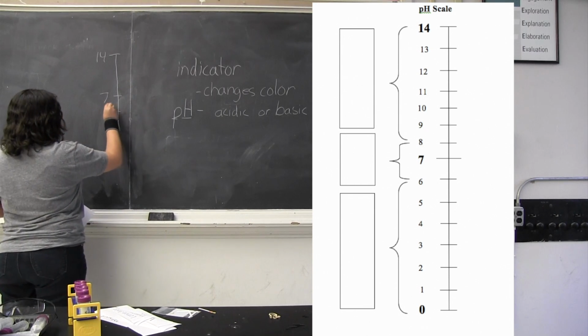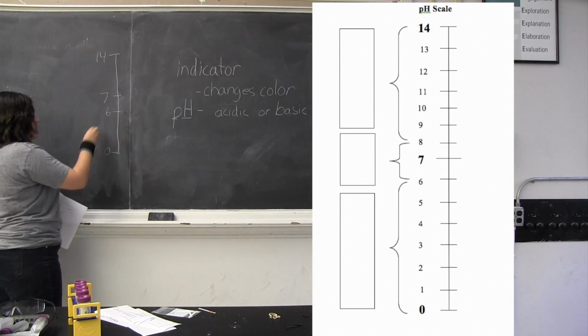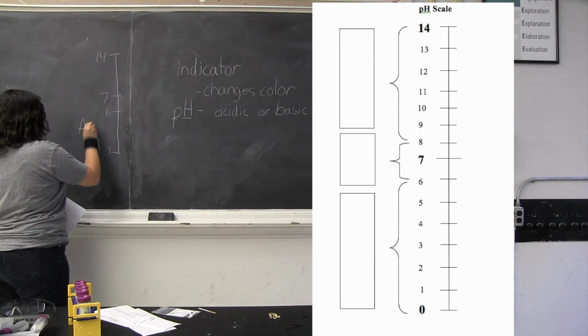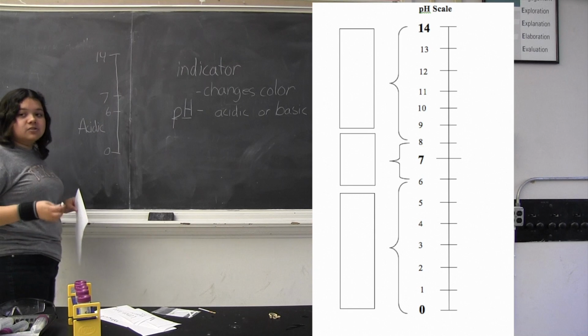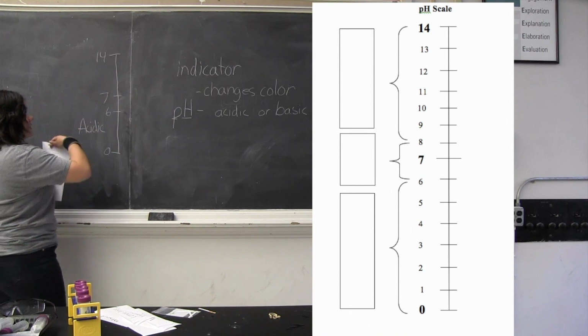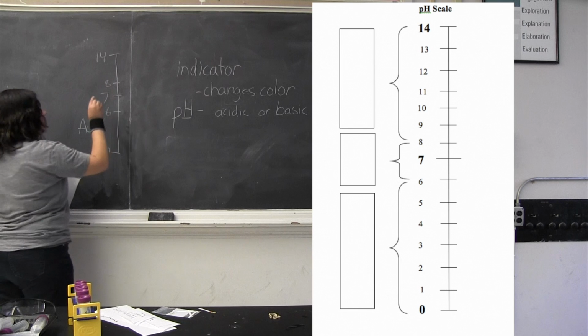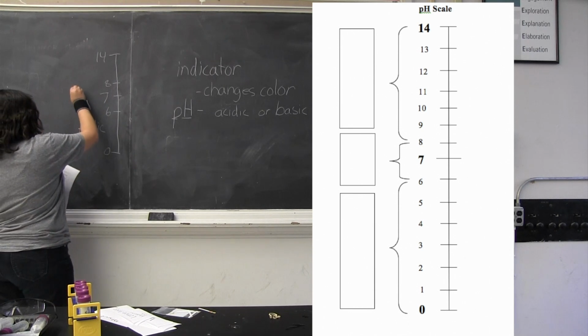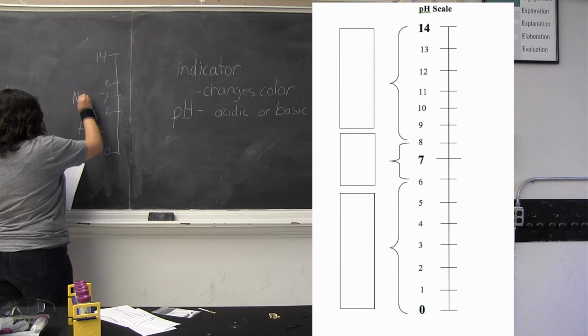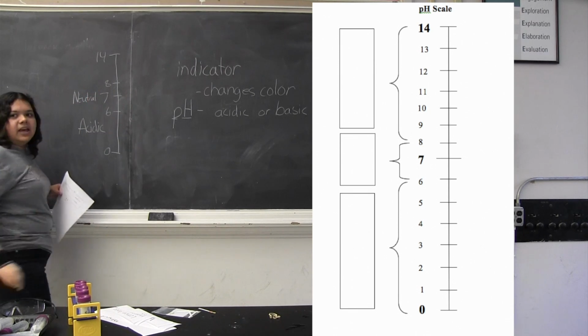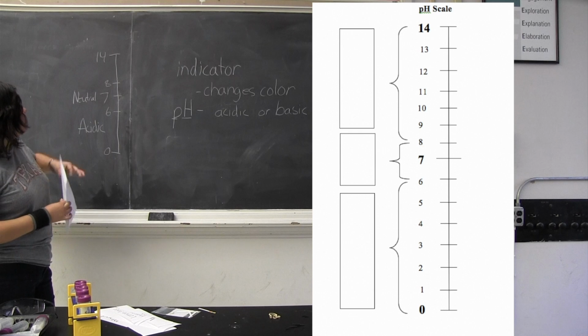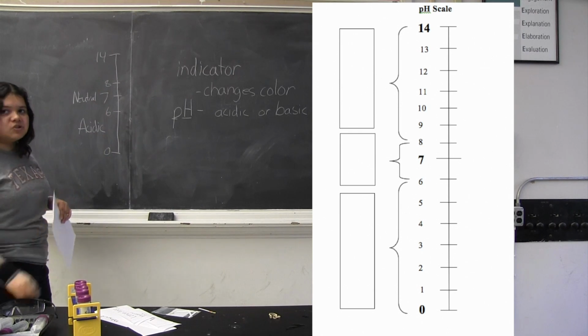So any solution that has a pH between 0 and 6 is considered acidic. Any solution that has a pH between 6 and 8 is considered neutral. Any solution that has a pH between 8 and 14, we call those solutions basic.